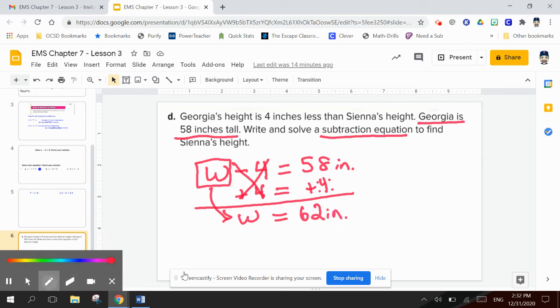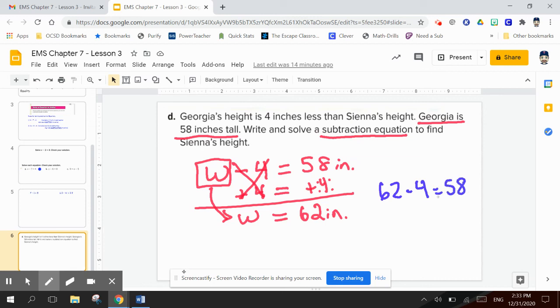And if I check to see if I am correct, if I take 62 minus 4, do I get 58 inches? 62, 61, 60, 59, 58. Yes. 58 equals 58.